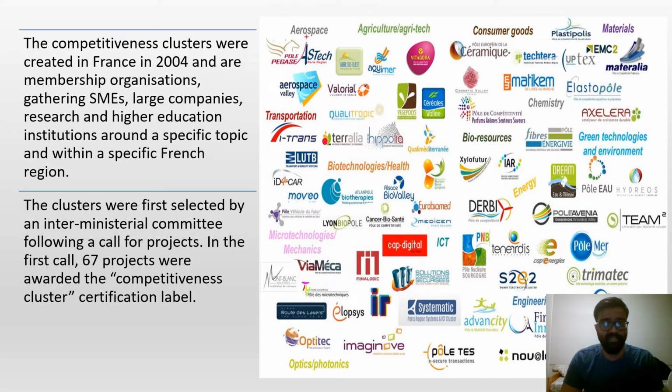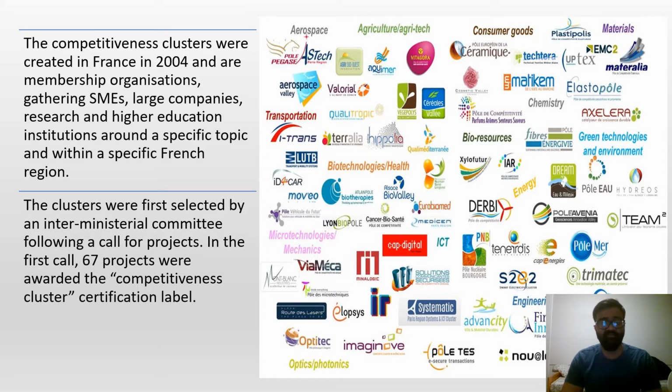Now, as we see here, the competitiveness cluster was created in France in 2004, and there are some member organizations and some societies made together. The large companies, the research, and the higher education systems, and all the government and everyone were made together, and they established the cluster of competitiveness in 2004.